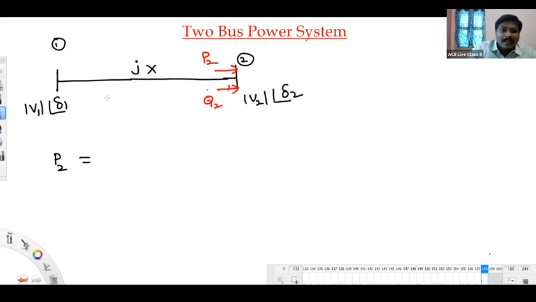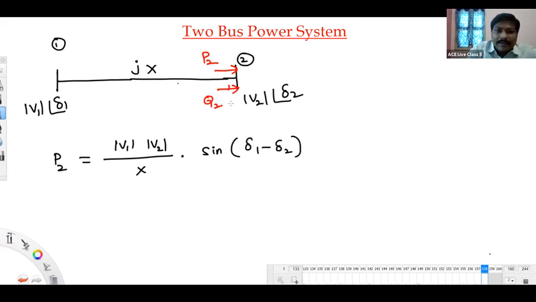Same thing we will write: mod V1 mod V2 by X reactance into sine of the angular difference between the bus voltages, delta 1 minus delta 2. That's the real power injection P2. What is Q2?